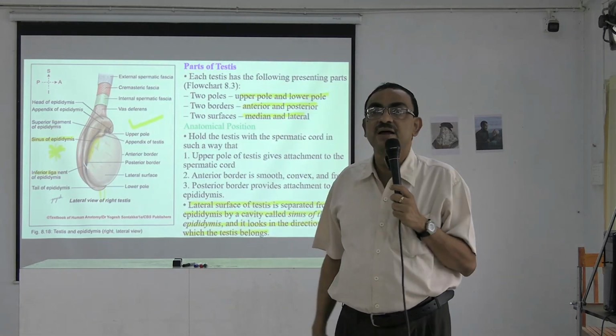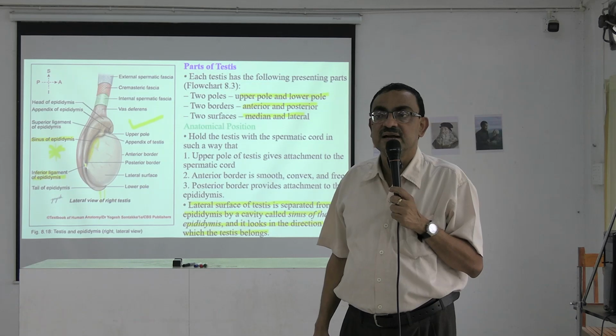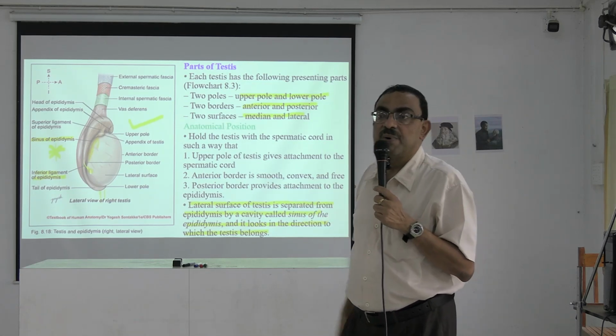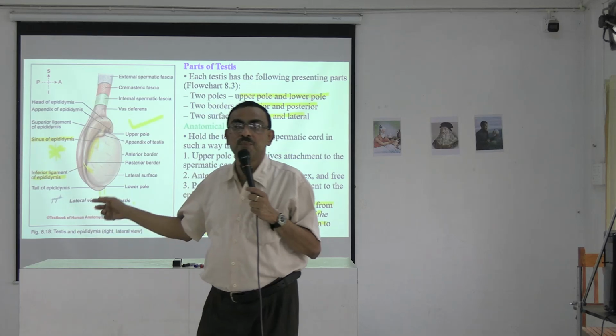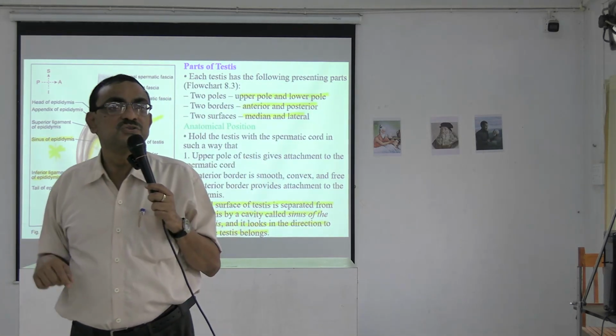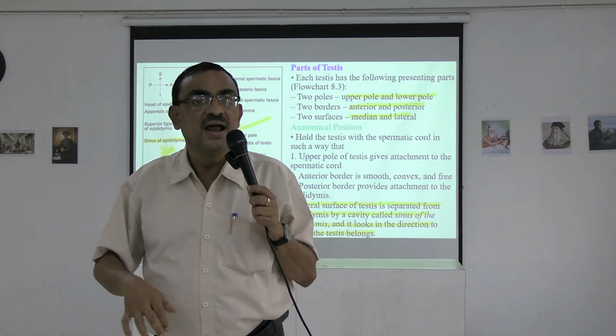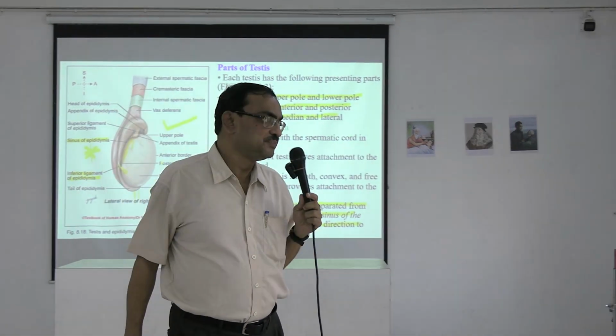This fibrous strand attaches the testis with the lower part of the epididymis. So: upper pole, lower pole, antero-inferior border, posterior-superior border, lateral surface, medial surface, and inclination.